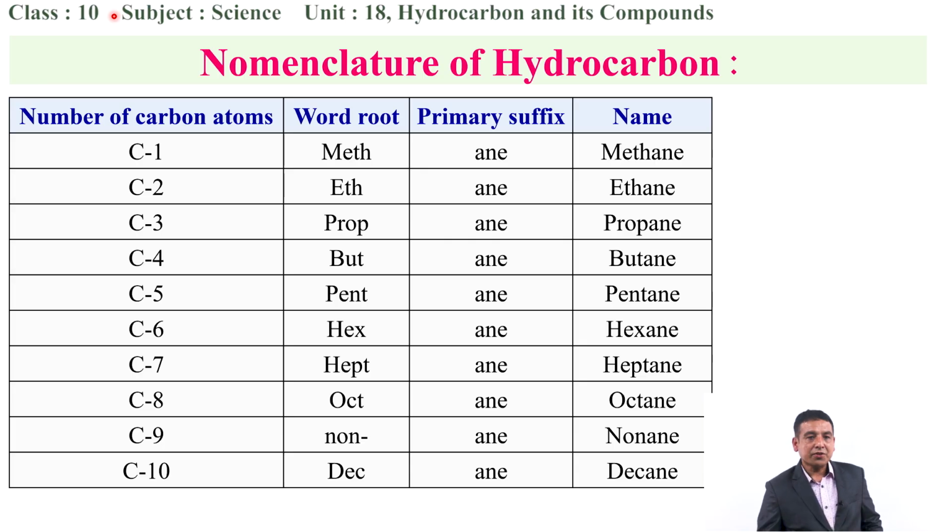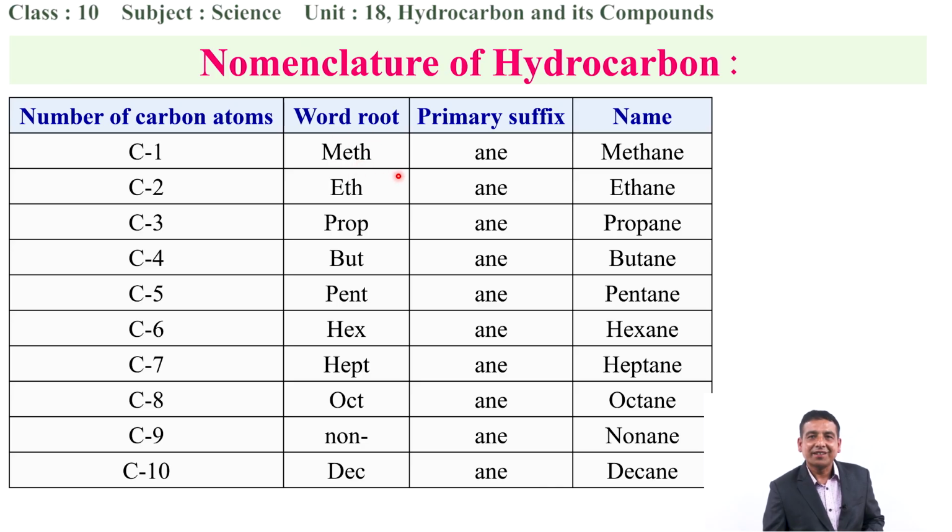The first column has given the number of carbon atoms. So C1 represents there is only one carbon atom in a hydrocarbon, C2 represents there are two carbon atoms, C3 three carbon atoms, and so on. If there is a single carbon atom in a hydrocarbon, then what would be the word root to be used? You can see here.